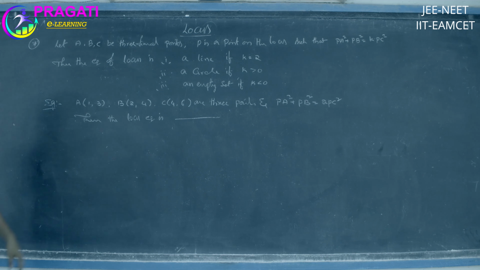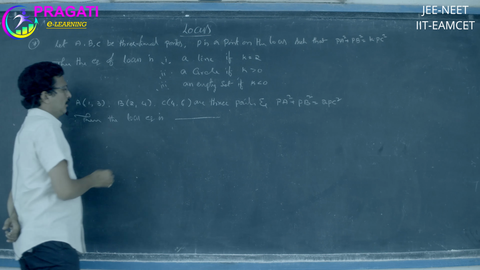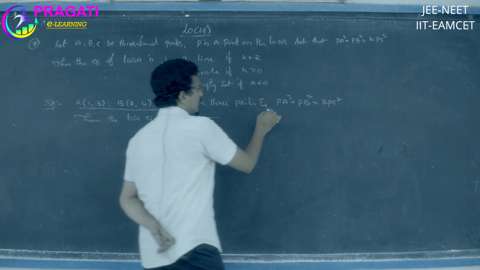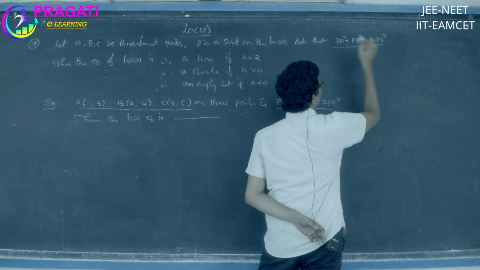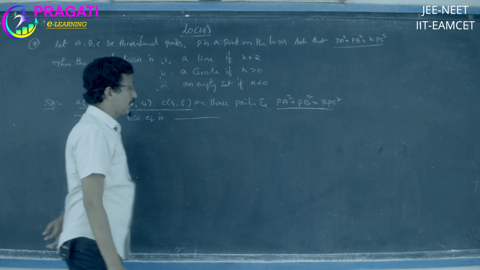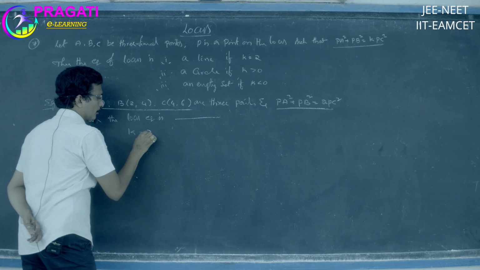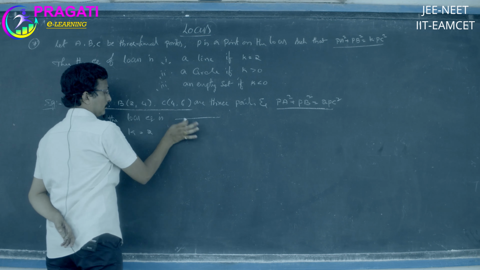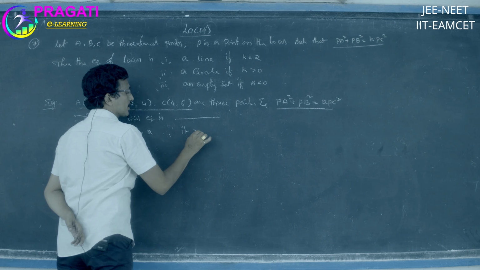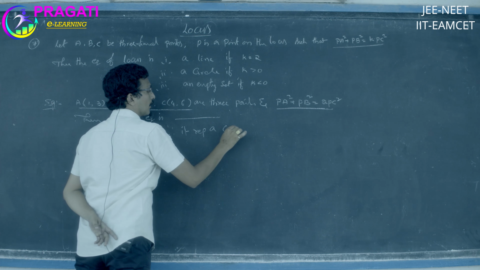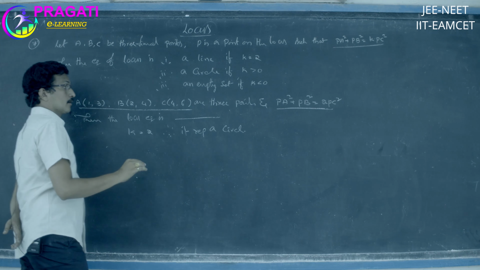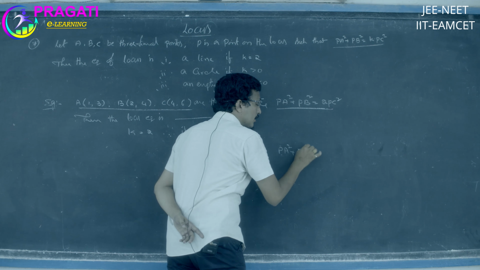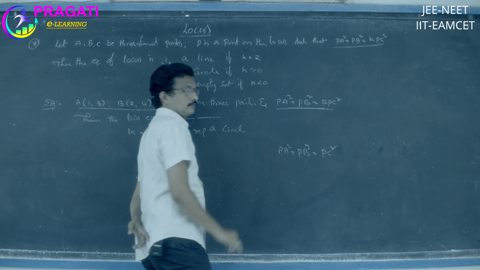Then the locus equation is here. Observe that without using these points, we can identify the answer. Here it is comparing with PA square plus PB square is equal to K into PC square. Here K is equal to 2. Therefore, it represents a circle.